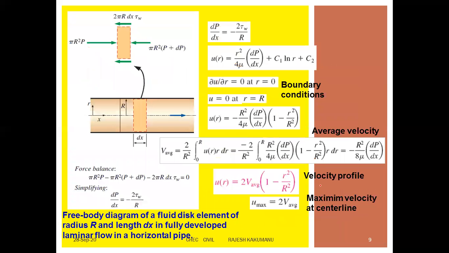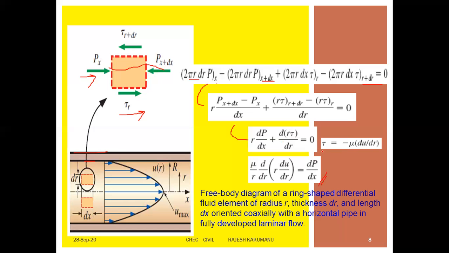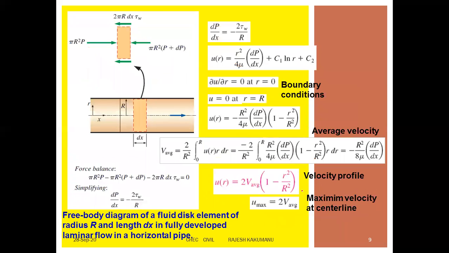Got it? Next. So dp by dx is equal to minus 2 tau w by r.